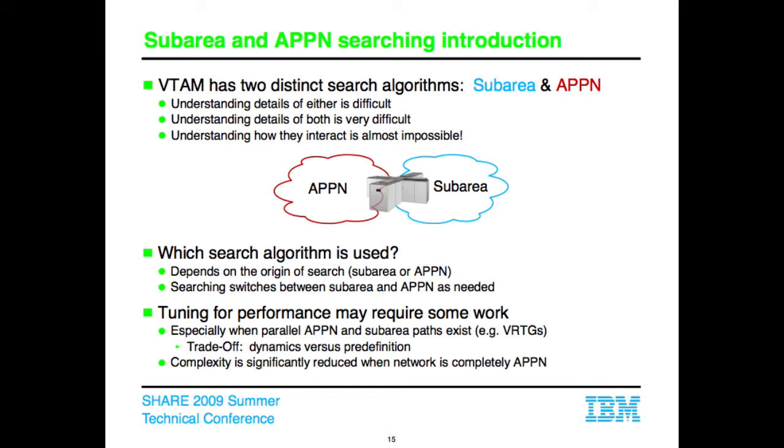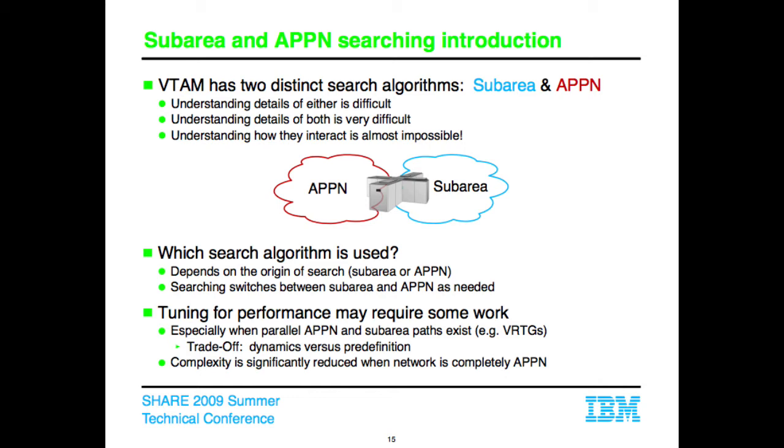That means the subarea search control gets control of the search first. If a search request came in from the subarea network, the subarea side search controls obviously get control first as well. But if the search request comes into this node from the APPN side, like from a served end node or across an APPN network boundary, a border node boundary, then the APPN side search controls are in control first.